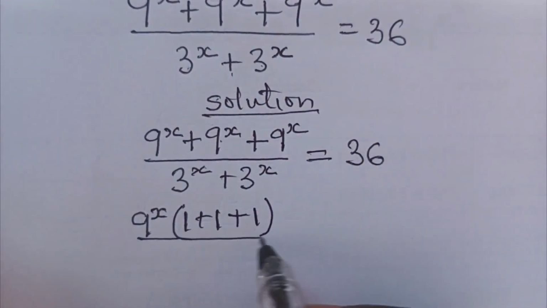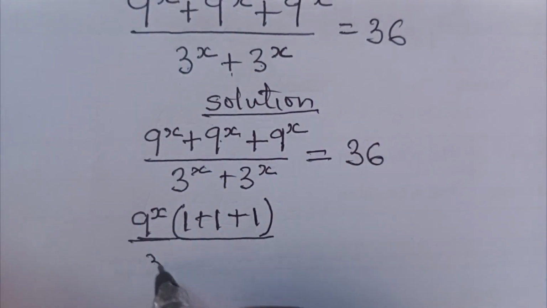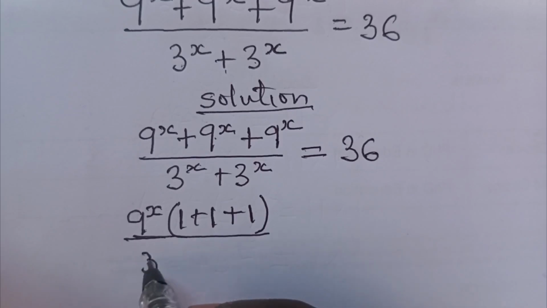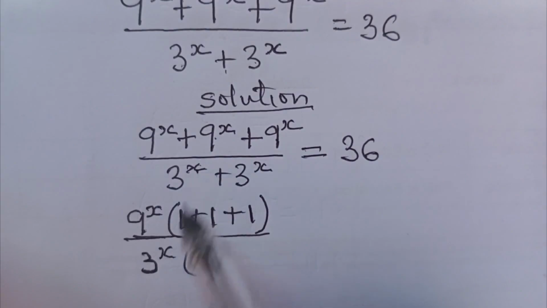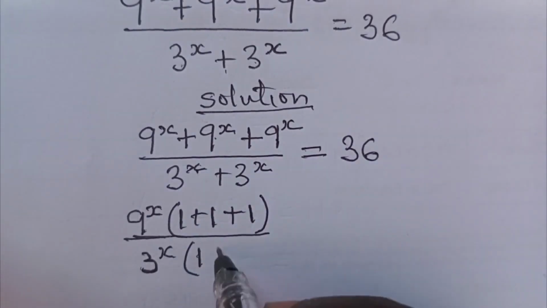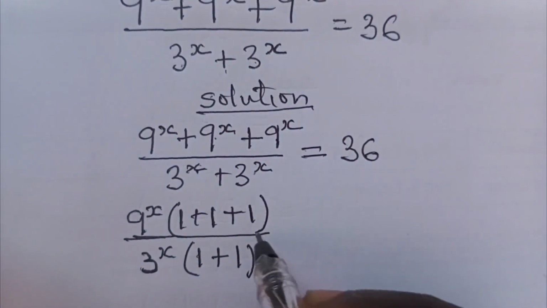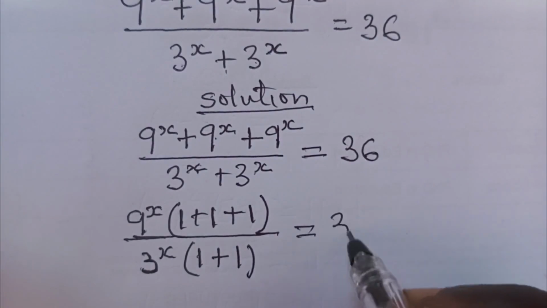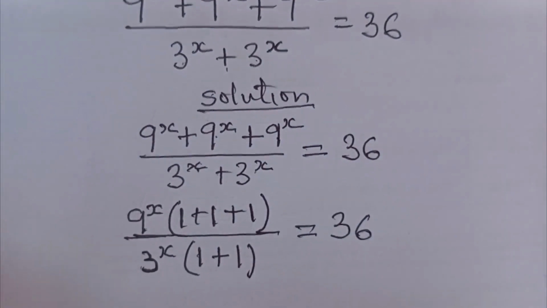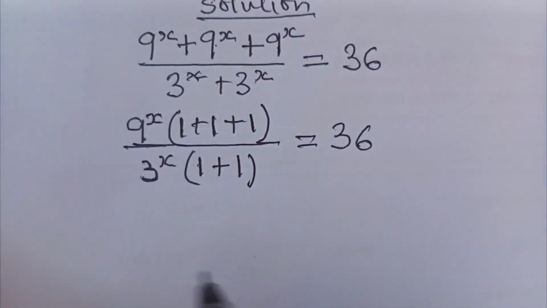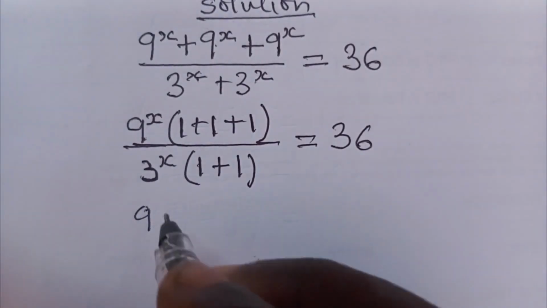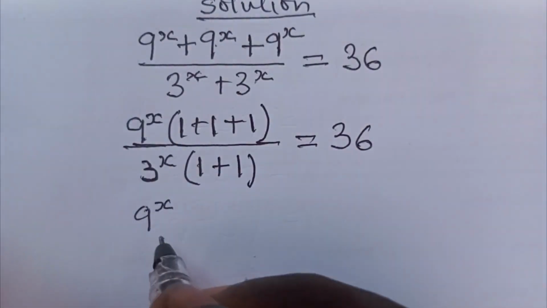Then the common factor in the denominator is 3^x. 3^x divided by 3^x is 1, and 3^x divided by 3^x is also 1, which is equal to 36.